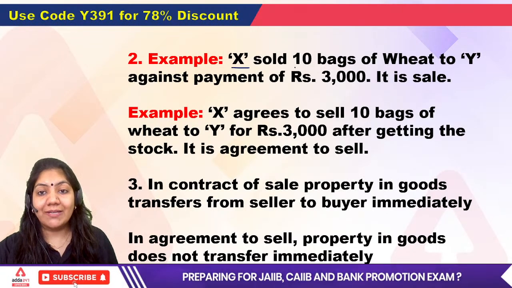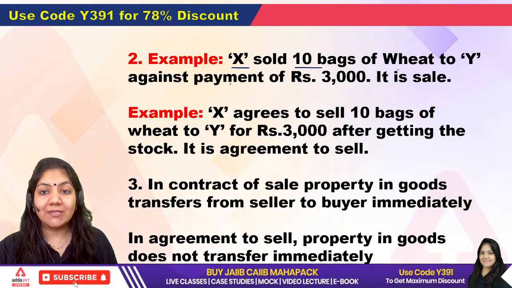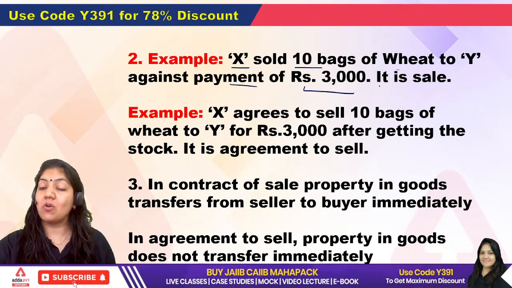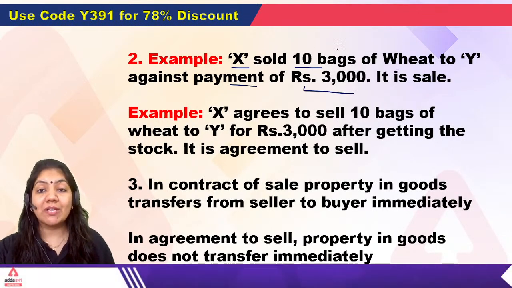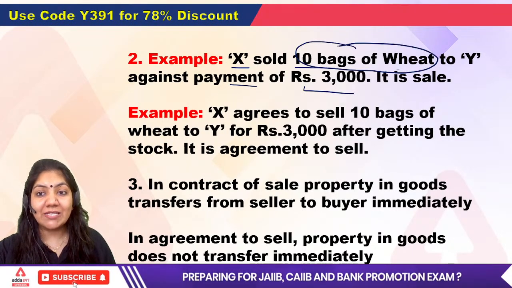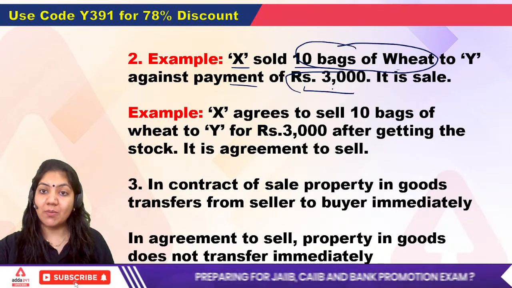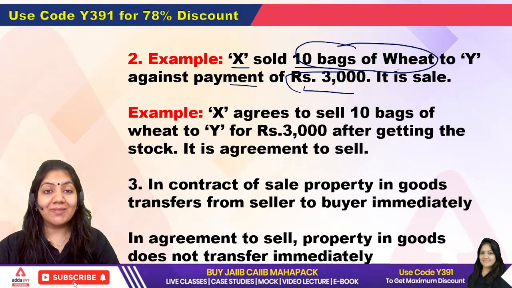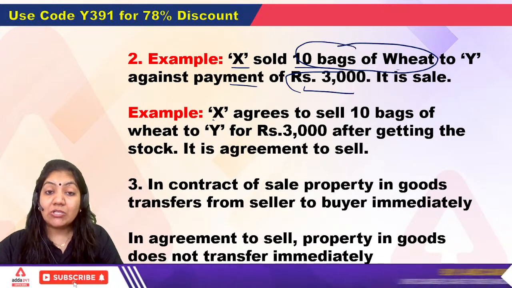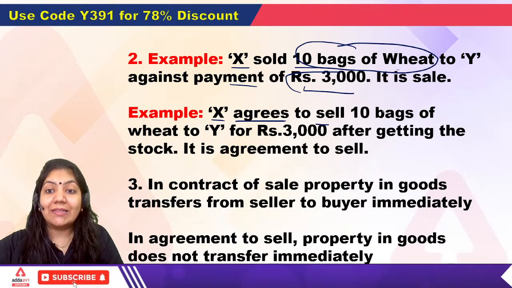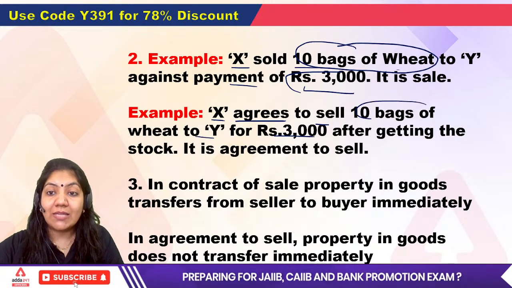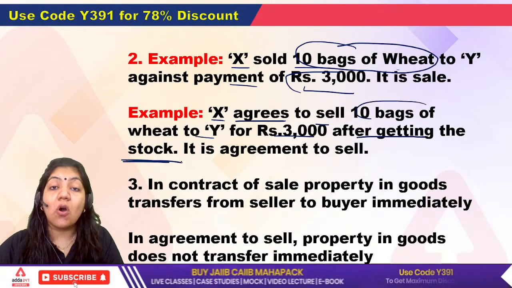See the example. Suppose X sold 10 bags of wheat to Y against the payment of 3,000, that is called sale. Person X is transferring 10 bags of wheat at a price of 3,000 rupees. And for the example of agreement to sale, X agrees to sell the 10 bags of wheat for 3,000 after getting the stock.